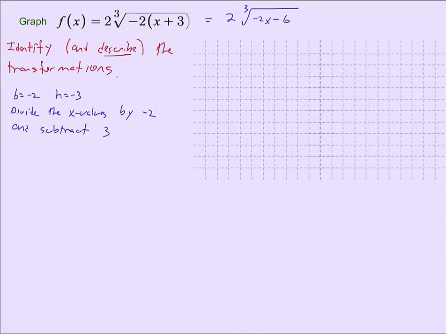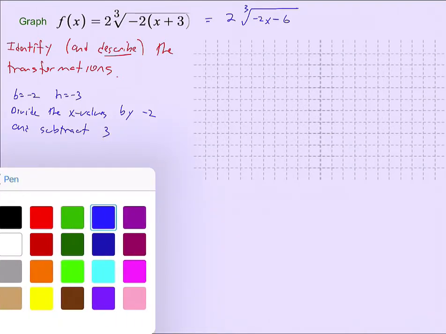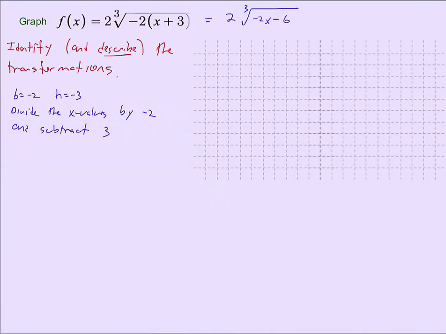Those are the directions we're going to follow for our x values. For our y values, there's only one transformation that matters, and that's the a, because notice how there is no k here. So all we're going to do for our y values is multiply the y values by 2.